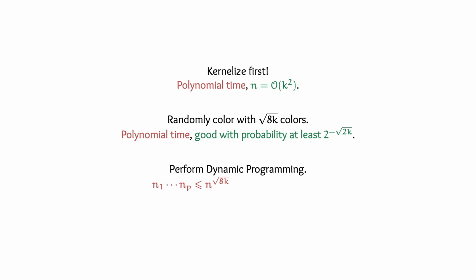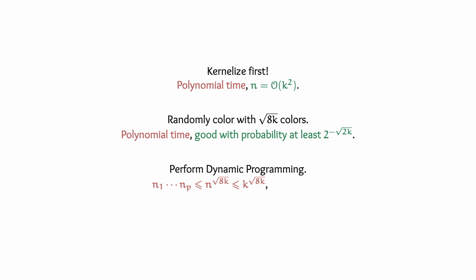Now at this point, this still doesn't look like an FPT running time, and this is where the first step comes to our rescue. The fact that we have kernelized first means that n itself is bounded by order k squared. So this running time overall is bounded by k to the order root k, and I've probably missed a constant in the exponent there, but that's the spirit of the running time.